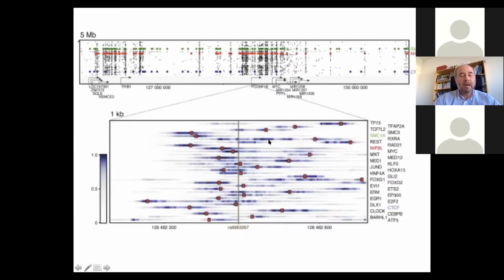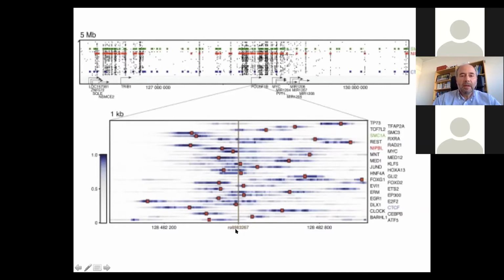Moreover, this is actually observed in vivo. Here you see an example of an experiment done in a cell line, a colon cancer cell line, where in an enhancer of the MYC gene there is one SNP, one variant of a change of a nucleotide.